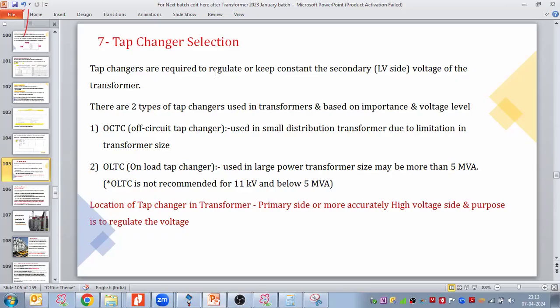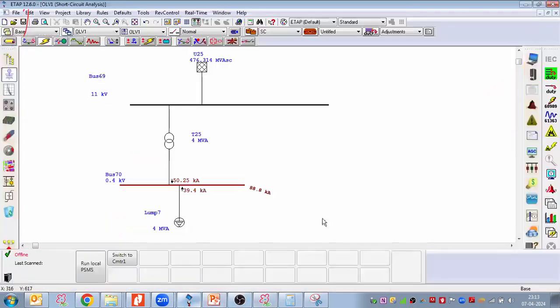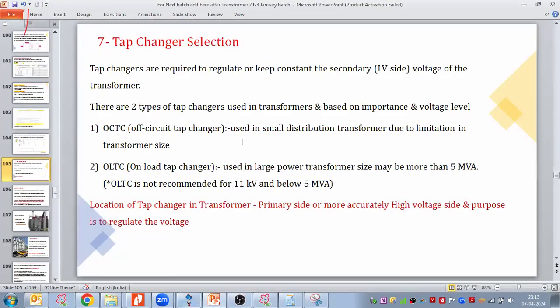Tap changers are required to regulate or keep constant the secondary or LV side voltage of the transformer. Suppose I'm taking the percentage impedance and my LV voltage is decreasing on the bus bar. In that case, I can change my tap, and through that we can regulate the LV side voltage.